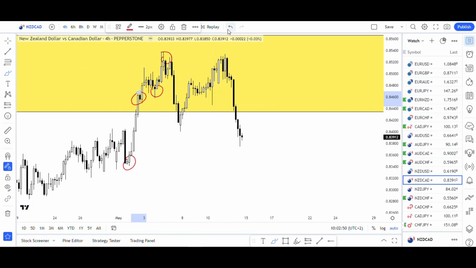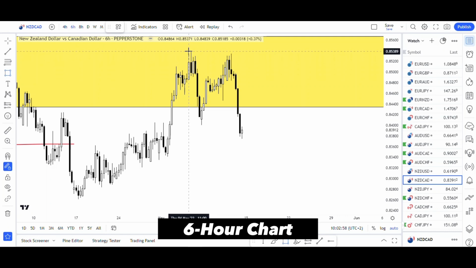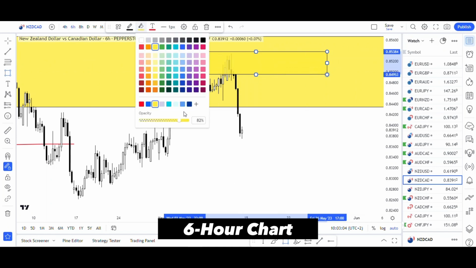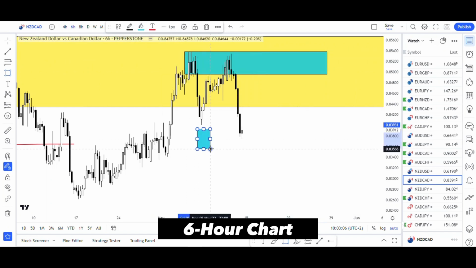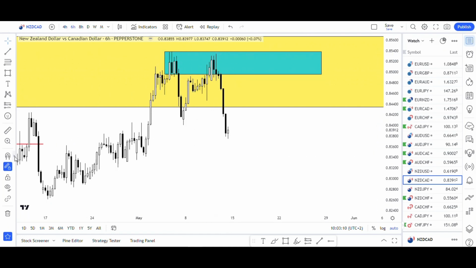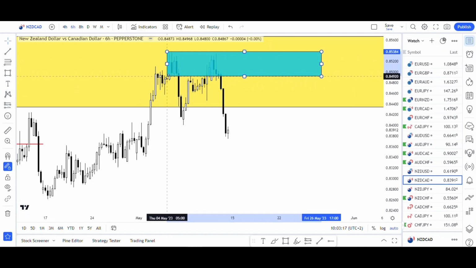So what I did, after I saw this, I had to draw an order block, and I went to the 6-hour chart, and I could draw the order block like this. But what I do when I see a big order block, something like that, when an order block is big, I take the whole area.